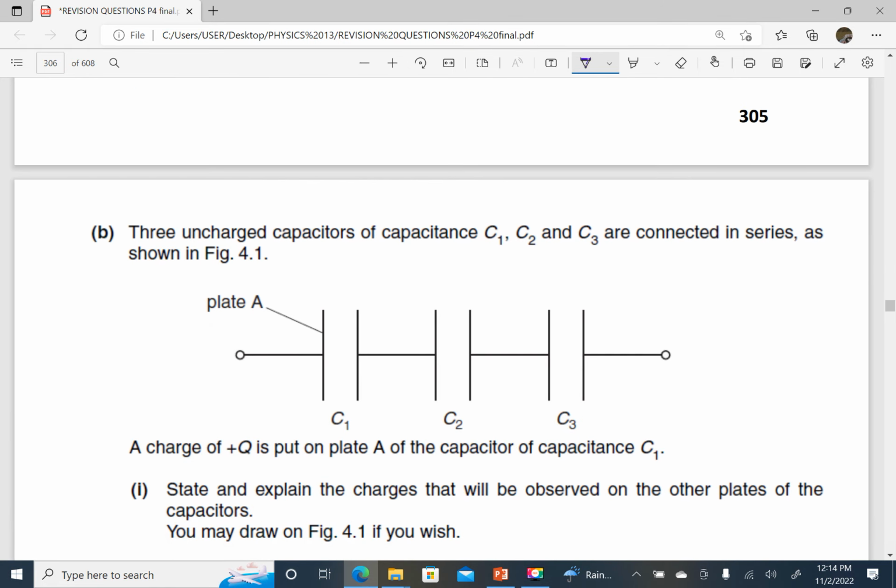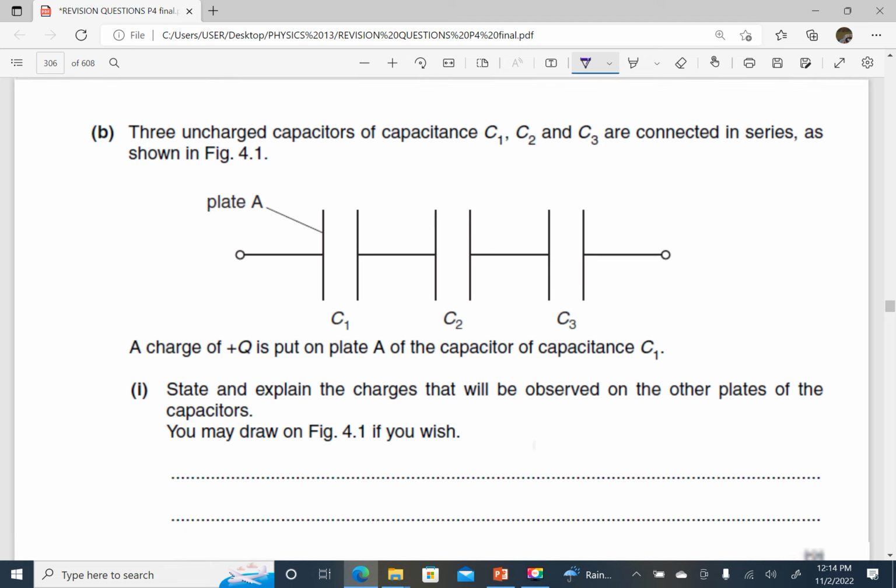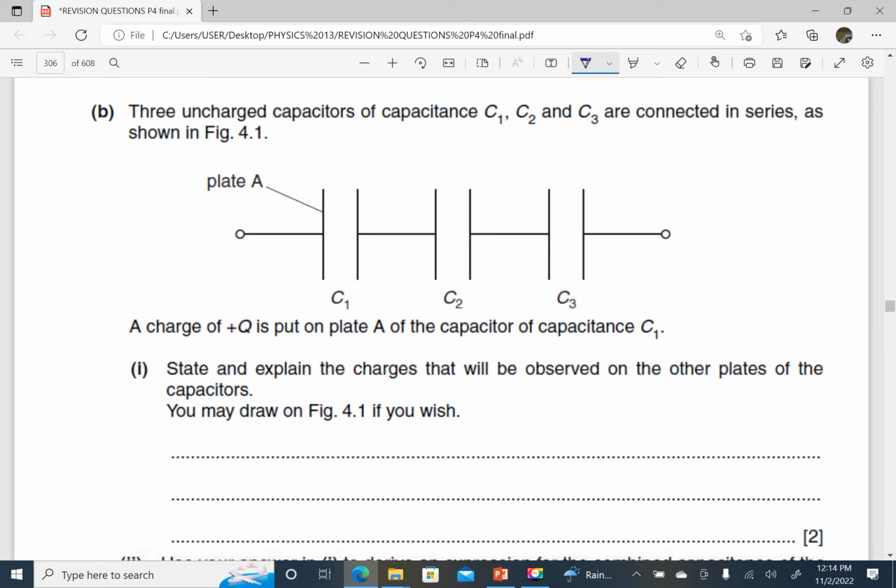3 uncharged capacitors of capacitance C1, C2 and C3 are connected in series as shown here. A charge of positive Q is put on plate A. State and explain the charges that will be observed on the other plates of the capacitors.